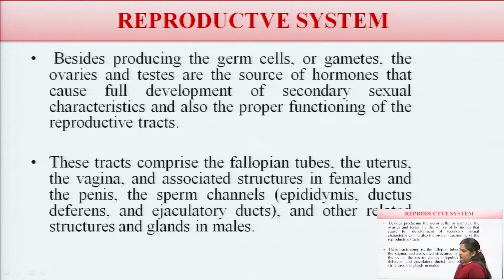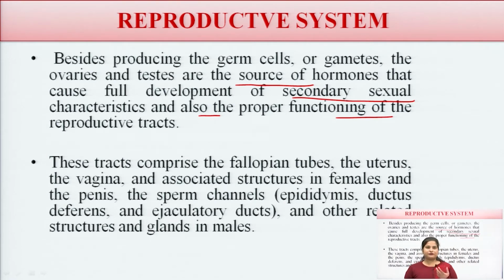Besides producing the germ cells or gametes, the ovaries and testes are the source of hormones that cause full development of the secondary sexual characteristics and proper functioning of the reproductive tracts. Several hormones function to regulate the reproductive system; we will discuss the various sex hormones later on.